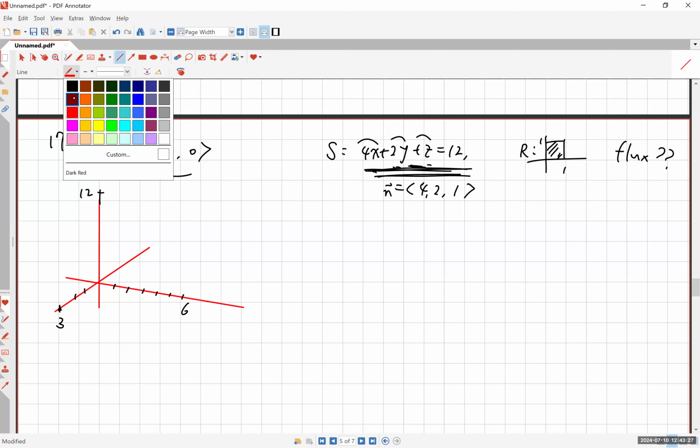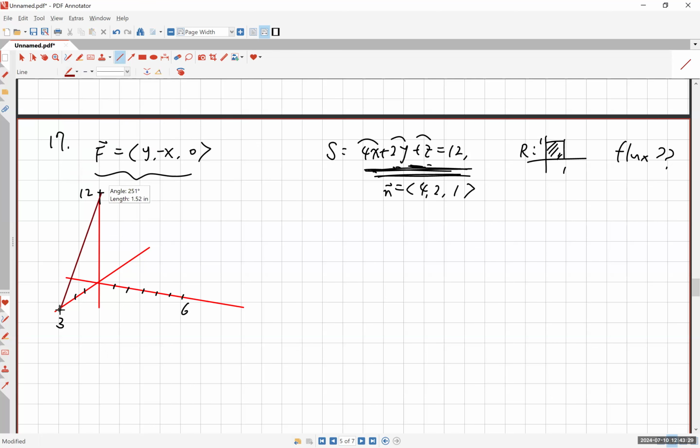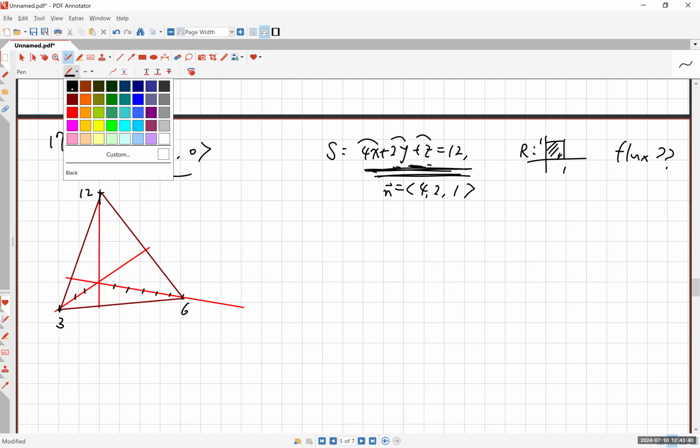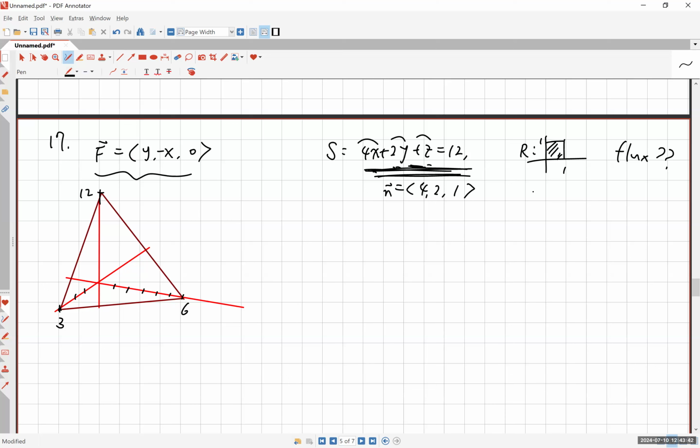And that's going to give you sort of a part of this plane in the octant 1, right? And this is really what you should just be able to visualize. Now, you are not trying to find the flux of F over this entire triangular thing S, because it's above this region R. What does it say?